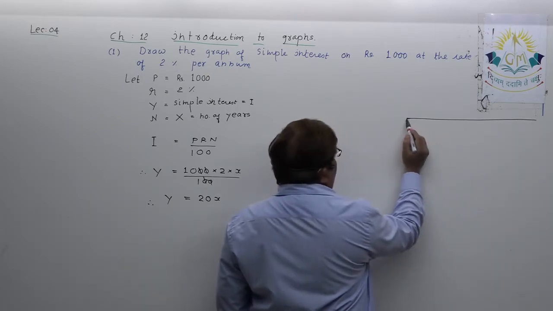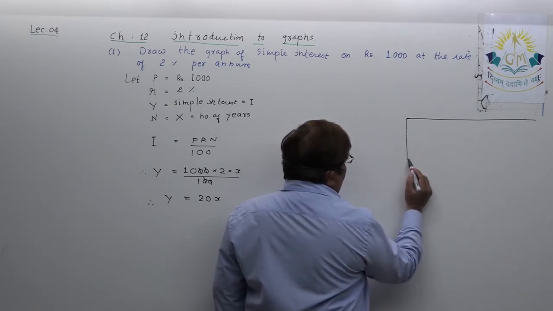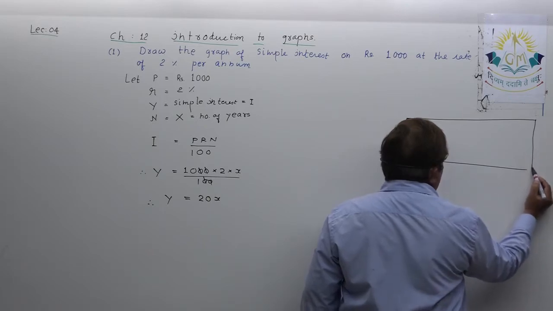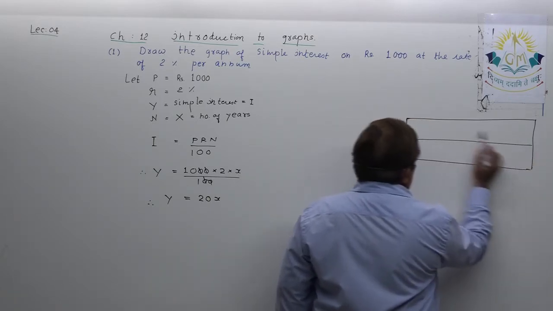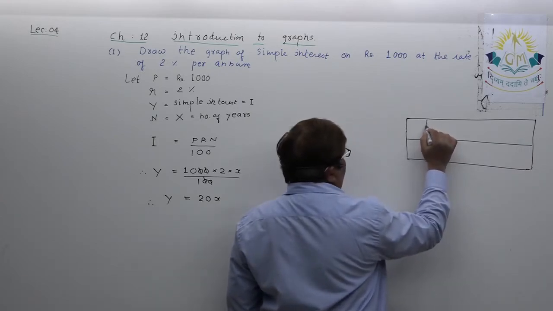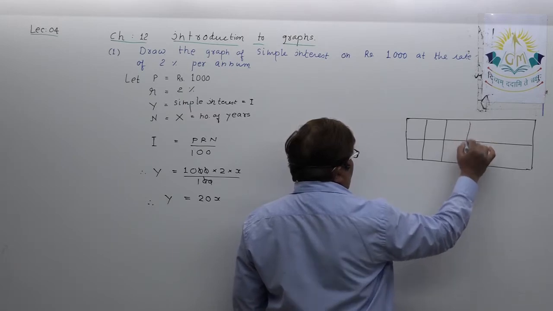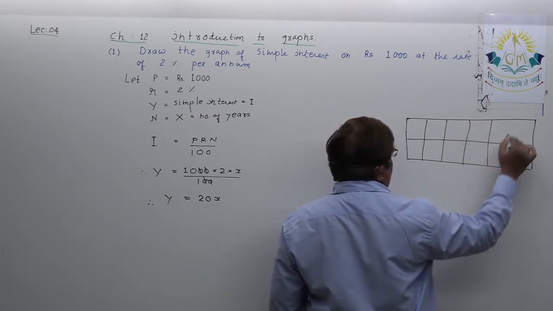Minimum 5 values, as you all know, are compulsory for you to take. Make the table with me.